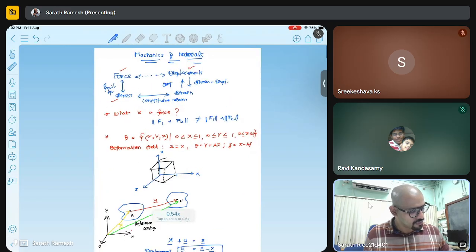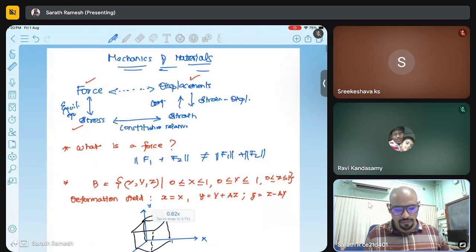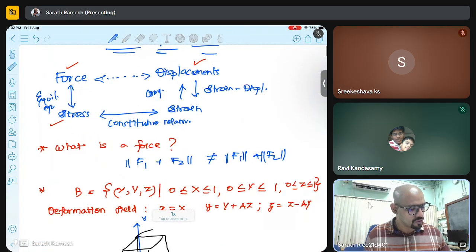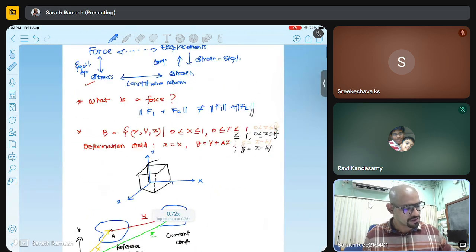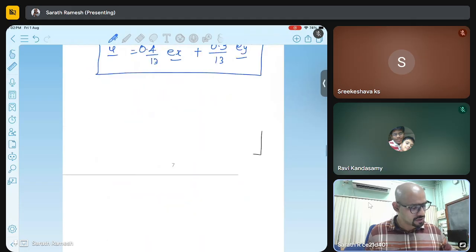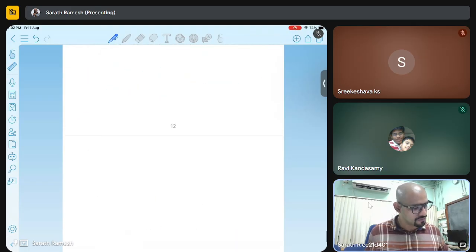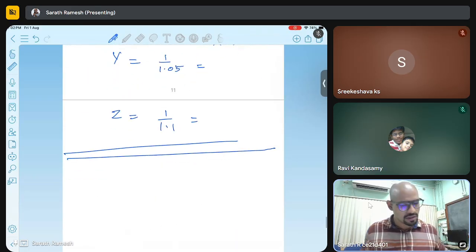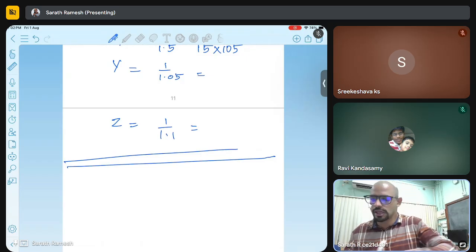Out of these four concepts, force is done and displacement is done. Now the third concept is stress. Let's move on to some problems from the concept of stress. If there are any questions on the displacement field, you can ask.